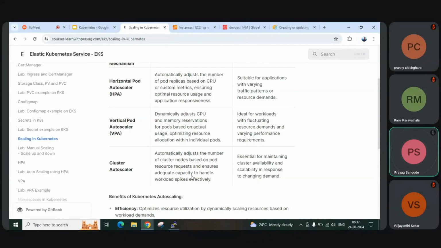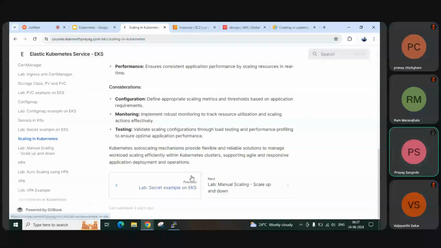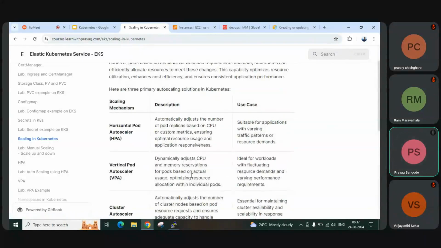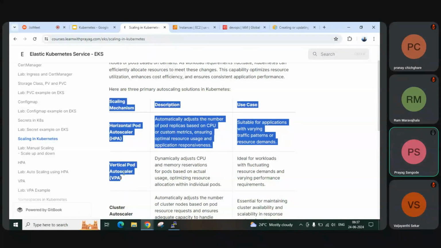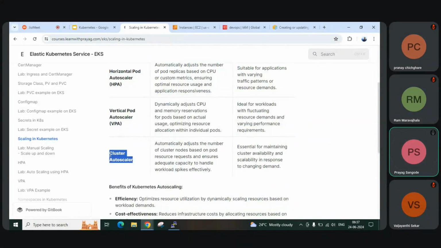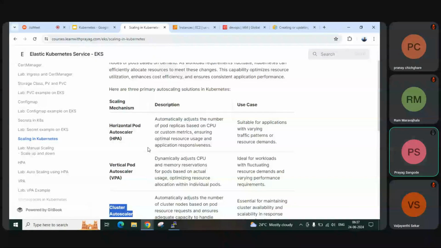There are three types of scaling in Kubernetes. One is horizontal pod autoscaler, the second one is vertical pod autoscaler, and the third one is cluster autoscaler. In horizontal pod autoscaler, we define some threshold for CPU or RAM.